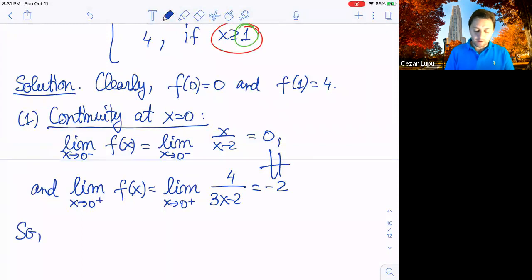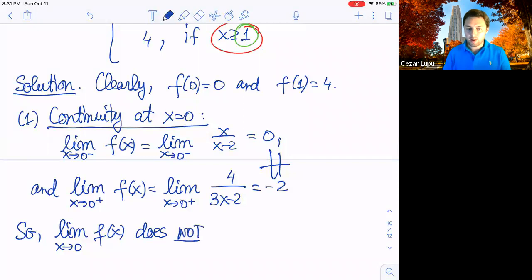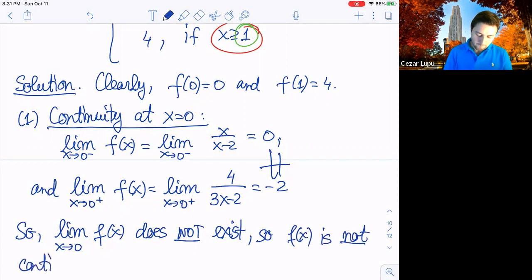So the limit as x approaches 0 of f of x does not even exist. So there is no point in talking about continuity. So f of x is not continuous at x equals 0.